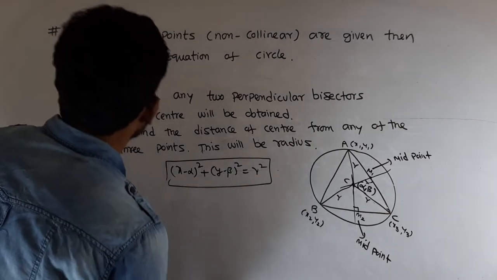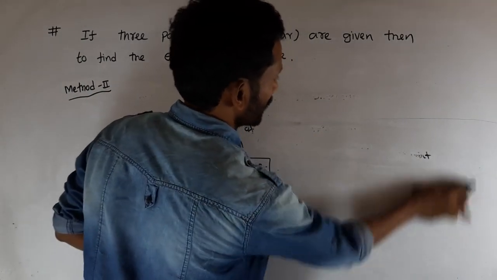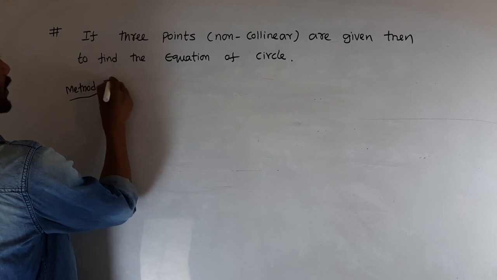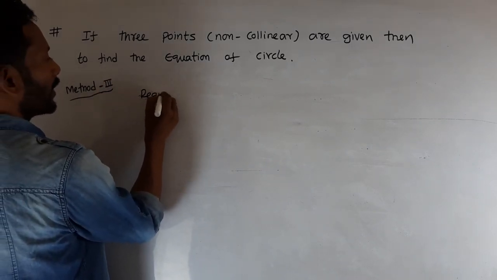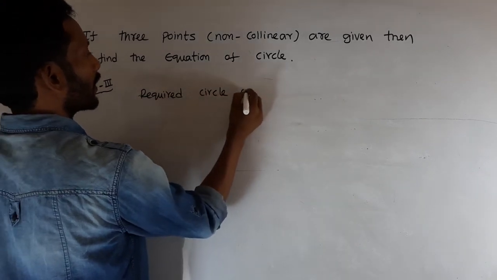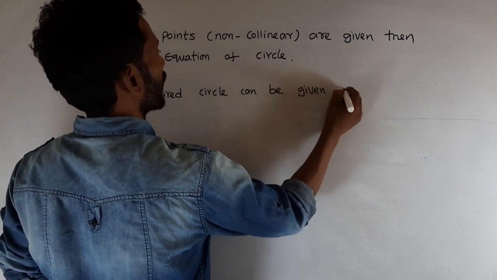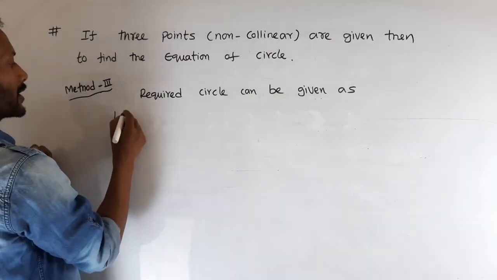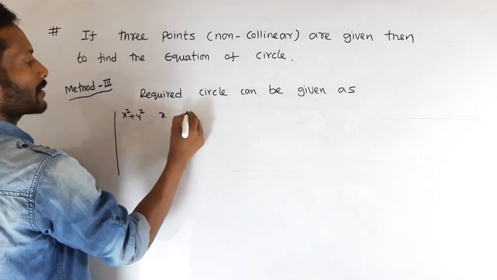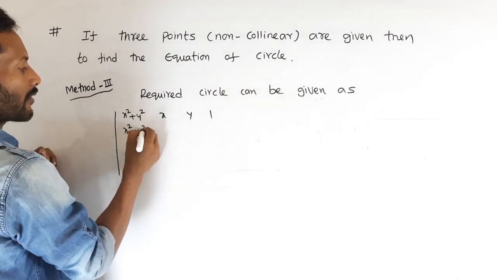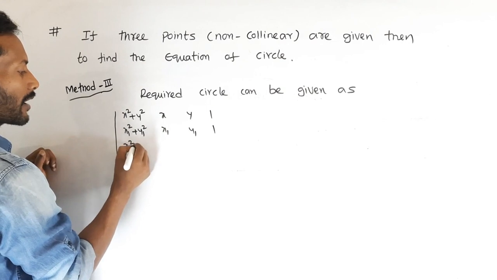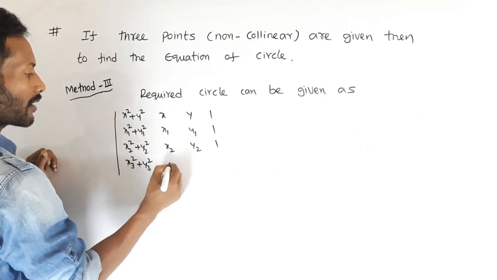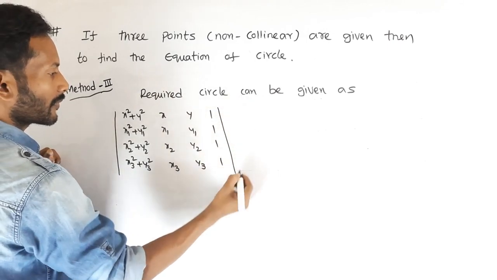Next one, method 3. Required circle can be given as determinant of x square plus y square, x, y and 1, x1 square plus y1 square, x1, y1, 1, x2 square plus y2 square, x2, y2, 1, next x3 square plus y3 square, x3, y3, 1 equal to 0.